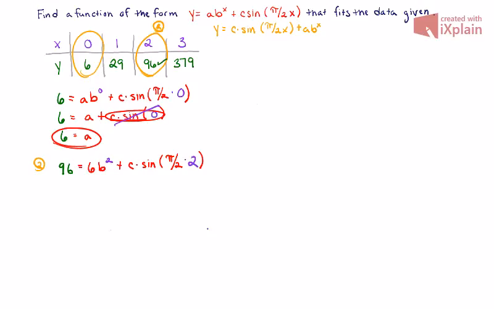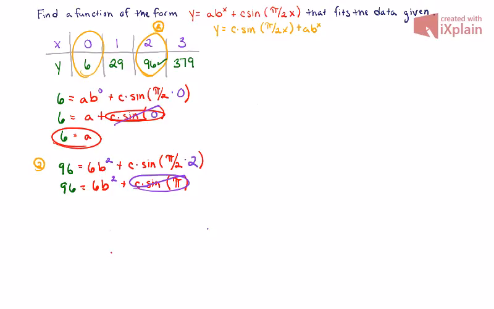So if I start cleaning this up, I'm going to get 96 is equal to 6 times b squared. And this is going to be plus c times the sine of, well, just pi. But notice in this case, the sine of pi is just 0. So this zeroes out yet again.